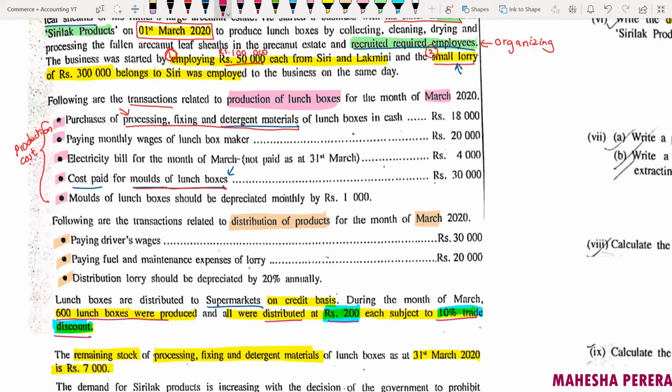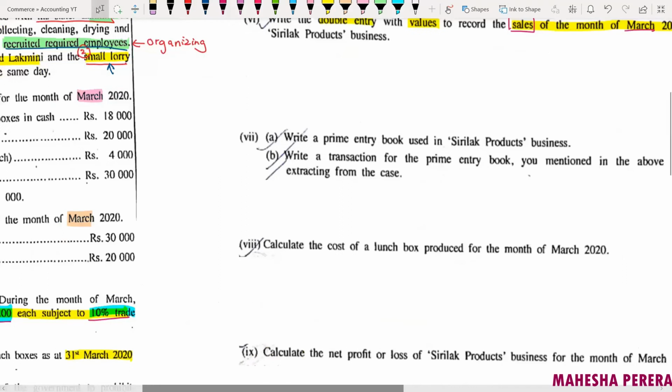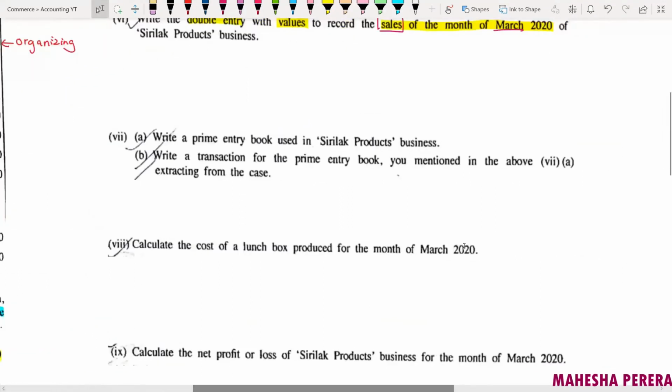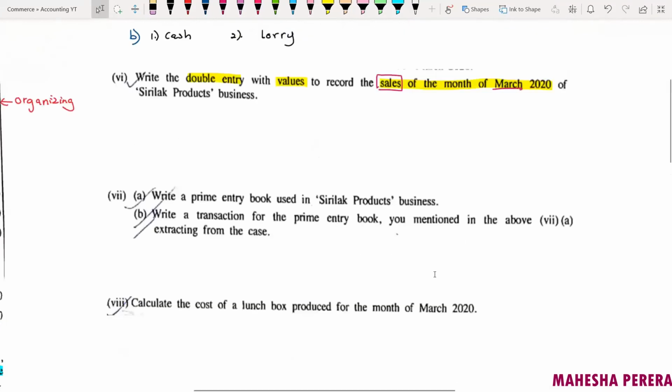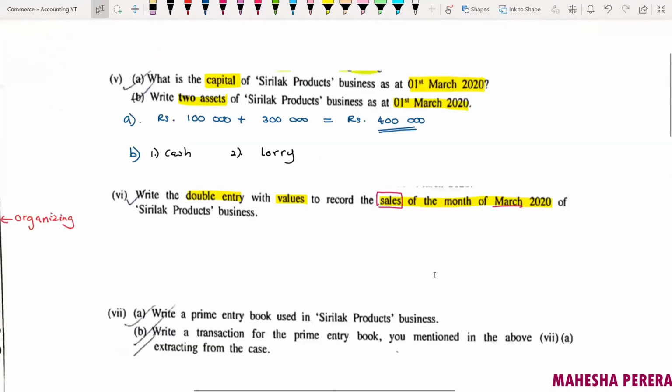Okay, so let's do a working here. No need to show the working in your paper. If you want, you may, but not necessary. Anyhow, I'm going to write the working on the right side of the paper. So this is the working that you're going to do.